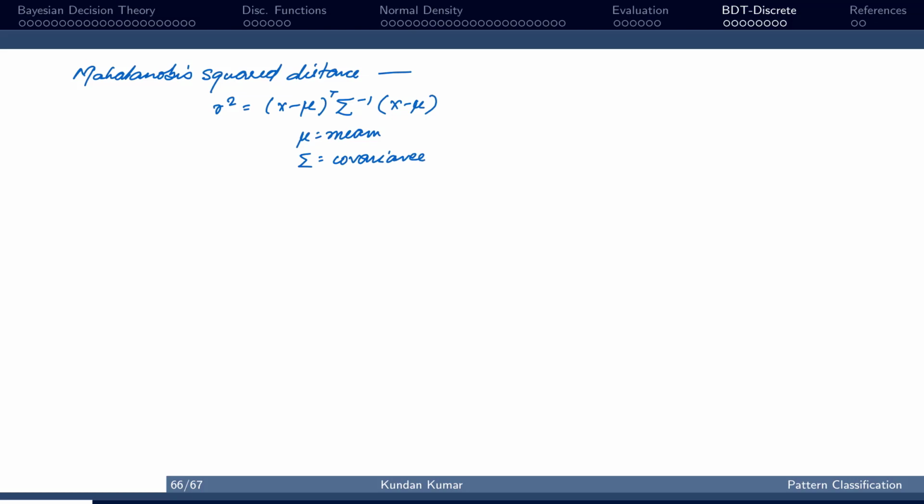And I told you that if the covariance is the identity matrix, then it will give you the Euclidean distance between the point and the center of the distribution.